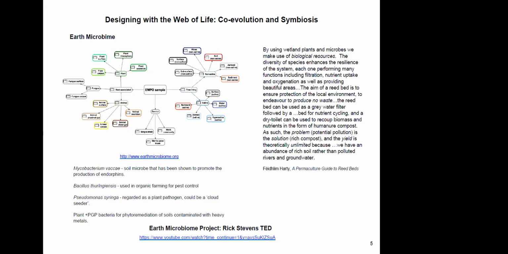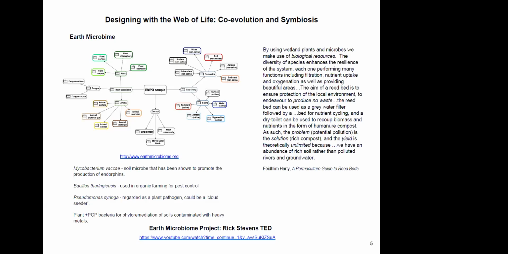In fact, the majority of them are benign and actually helpful, and discovering their functions is really quite exciting. For example, I've just put 3 in here. A soil bacteria called Mycobacterium vaccae is known to promote the release of endorphins in the human brain when you come in touch with it, which might be the reason that most gardeners seem to be happy people.